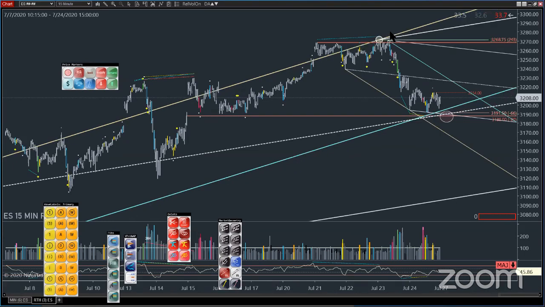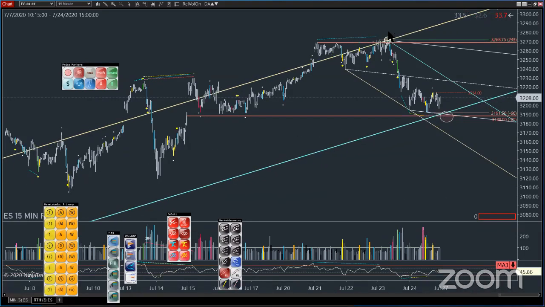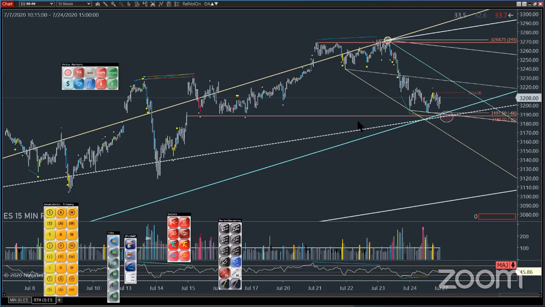Come on. Oh, yeah. But you know what? I bet it goes right up to the next spot before it goes up. I bet you it goes to right here first and then goes straight down.